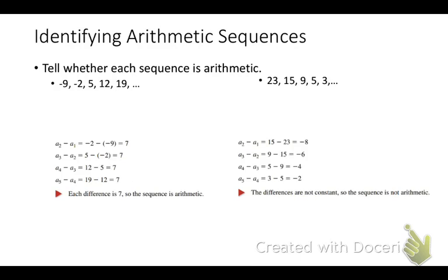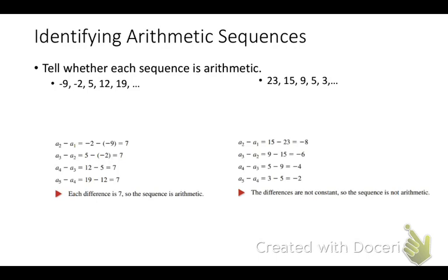So from negative 9 to negative 2, it goes up 7. From negative 2 to positive 5, it goes up 7. From 5 to 12, it goes up 7. From 12 to 19, it goes up 7. Yesterday, what you would have had to do was say, what are the next 2, 3 values in my sequence? And I would say 26, then 33, then 40, and go from there.